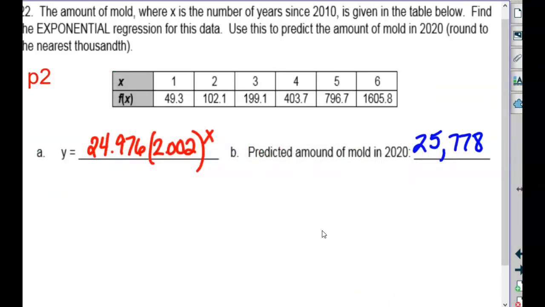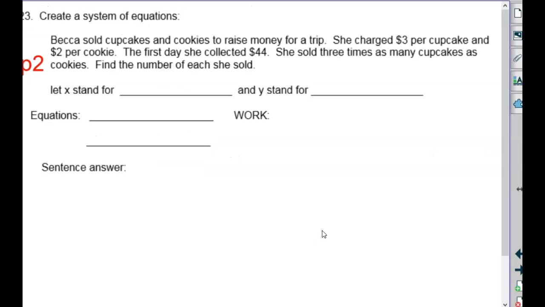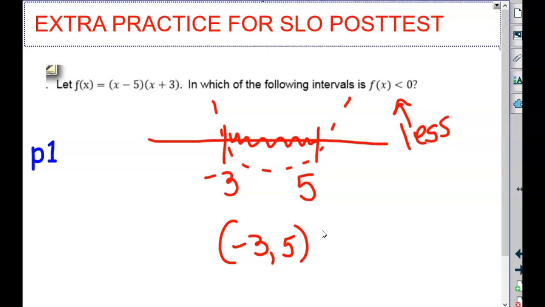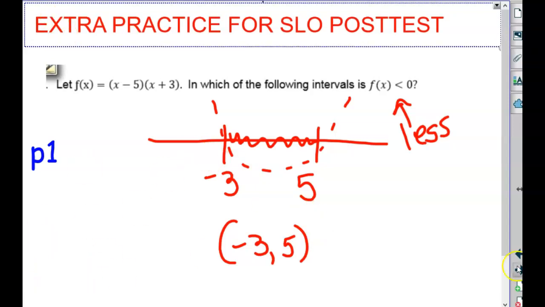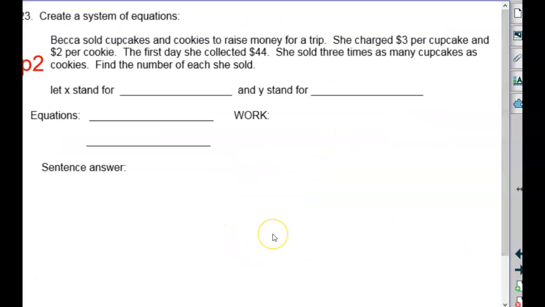Anybody having trouble? Okay, this is our last one, guys. Becca sold cupcakes and cookies to raise money for a trip. She charged $3 per cupcake and $2 per cookie.